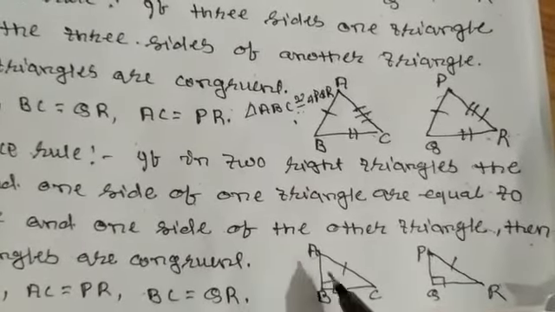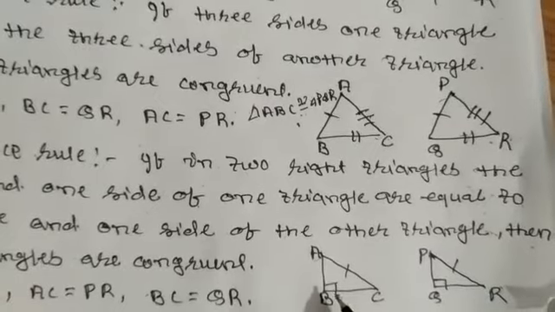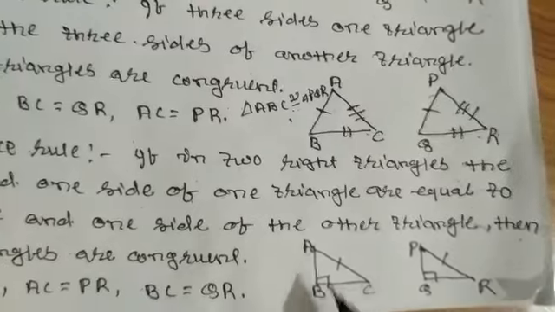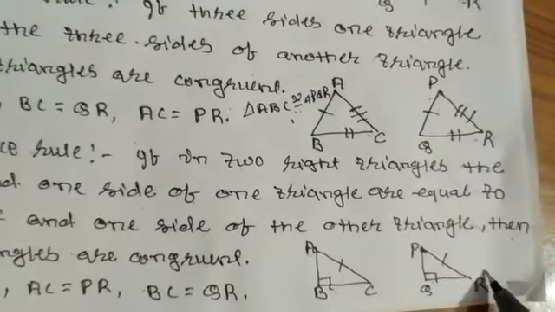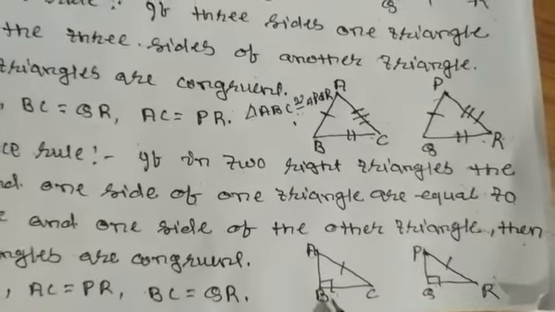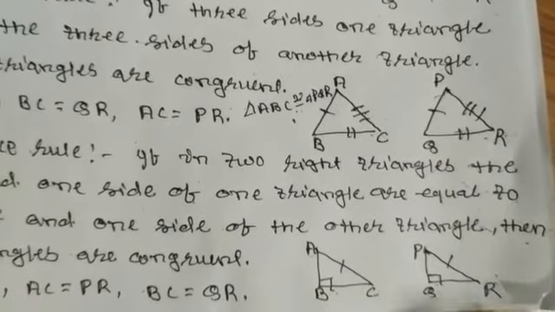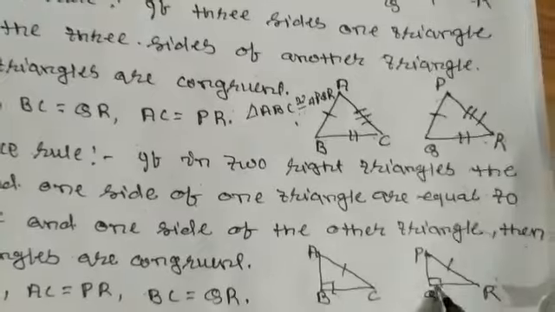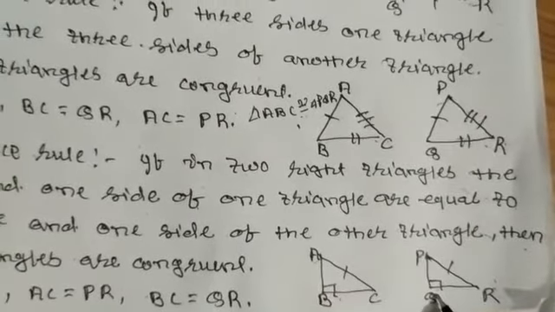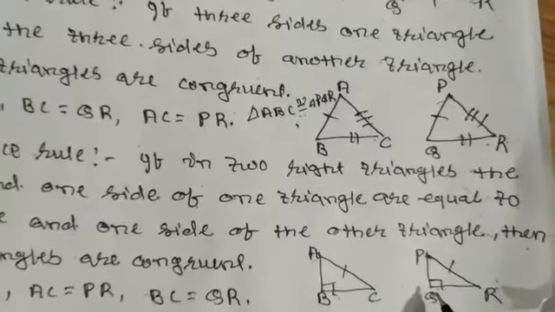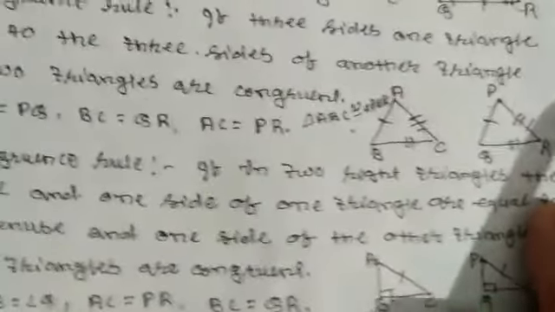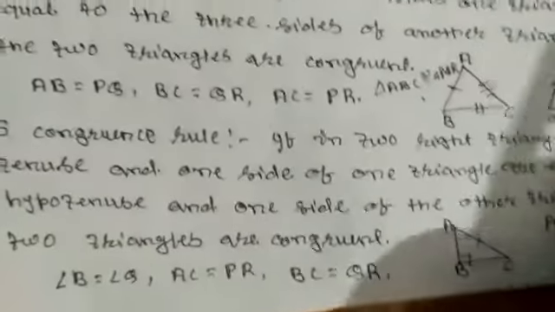So here, if angle B is equal to angle Q, and AC is equal to PR, and any one side of the remaining two sides is equal to the corresponding side, like either BC is equal to QR or AB is equal to PQ, any one, then we say that these two triangles are congruent by the condition RHS.